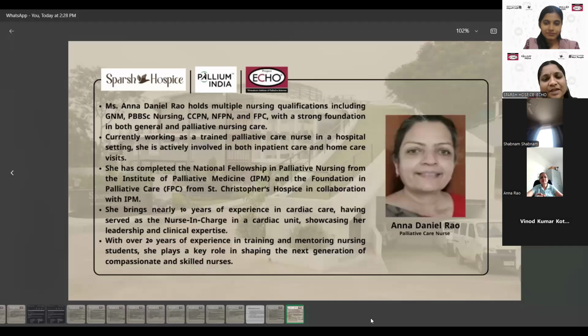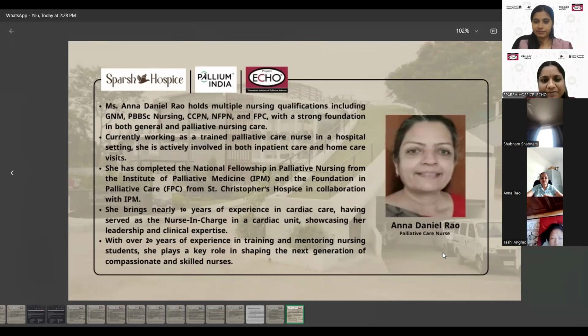She holds multiple nursing qualifications, including GNM, PBBSc nursing, CCPN, NFPN and FPC, with a strong foundation in both general and palliative care nursing. Currently, she is working as a trained palliative care nurse in hospital settings. She is actively involved in both inpatient care and home care visits.